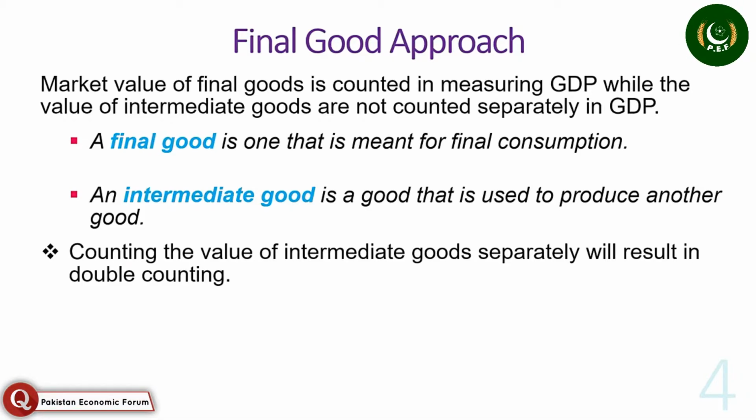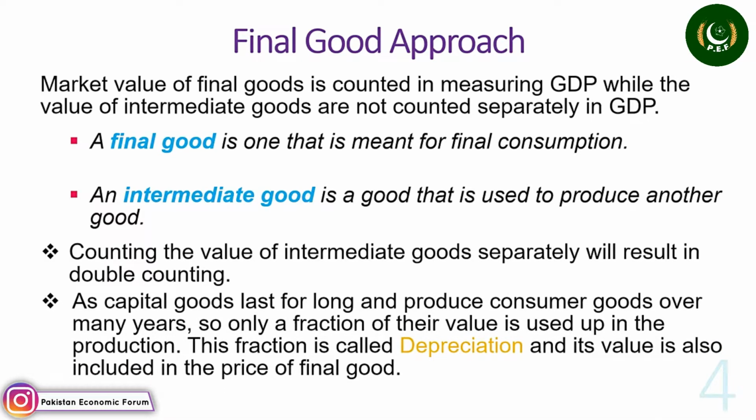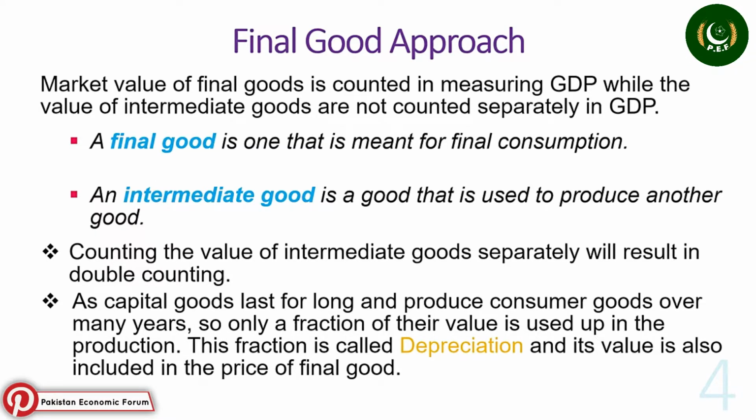Similarly, for capital goods, which include plants and machineries, as these goods last for long and produce goods over many years, only a fraction of their value is used up in production. This fraction is called depreciation, and its value is also included in the price of the final good.